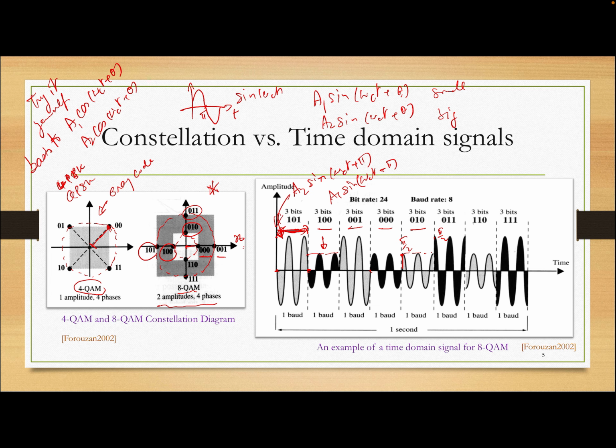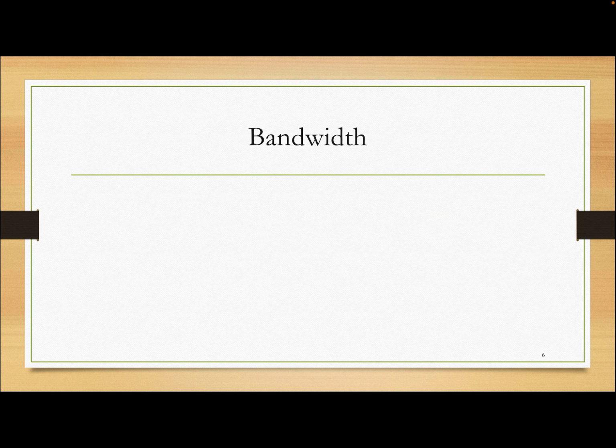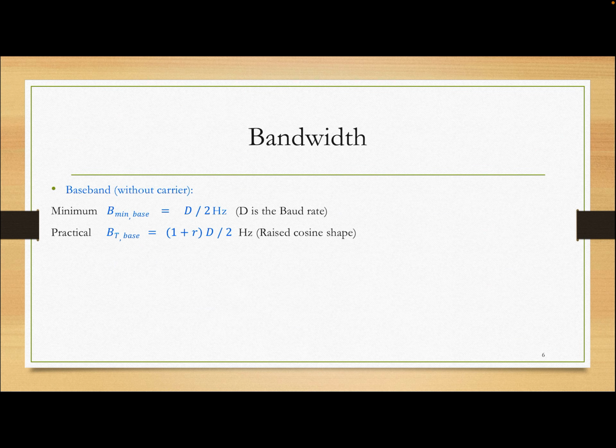Instead of using the x-axis here as a sine, use the x-axis as a cosine, and then draw this waveform again to see what happened, because cosine is different, right? Cosine starts here. This is cosine omega_c t. So try this. If you have problems, you can ask me in class.